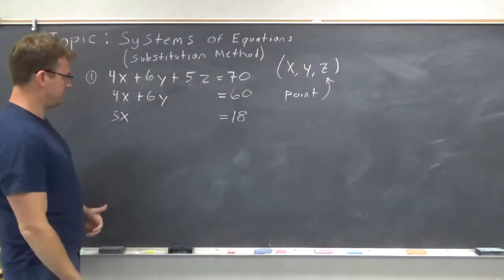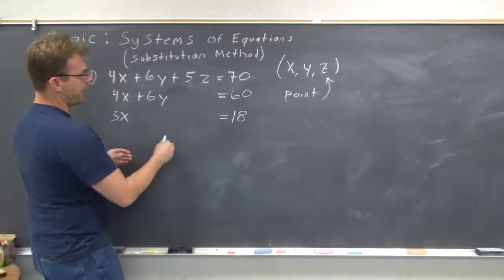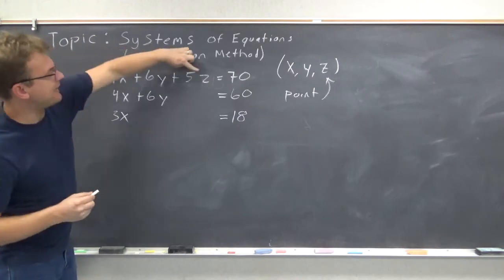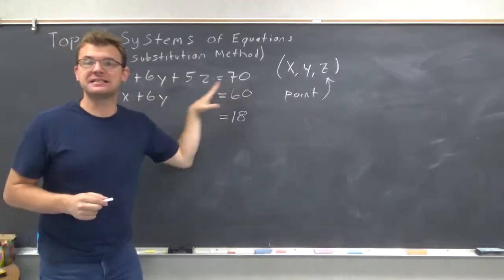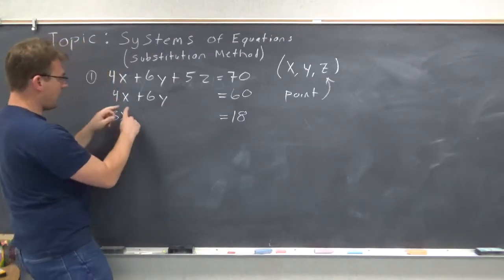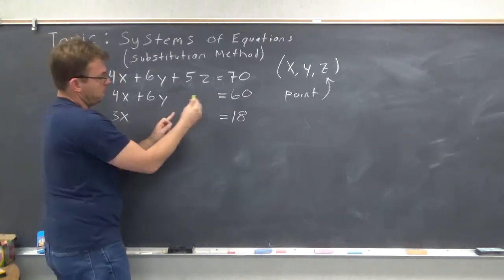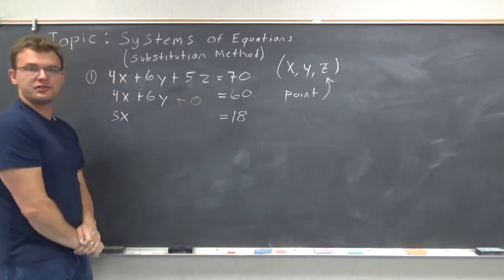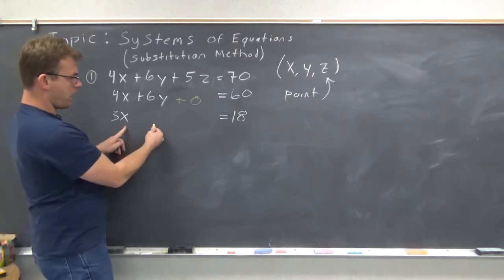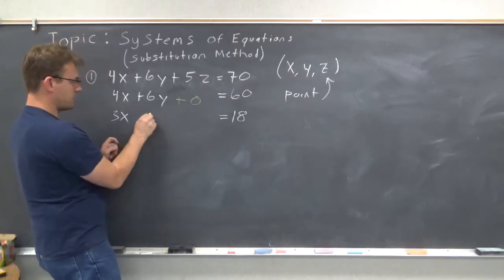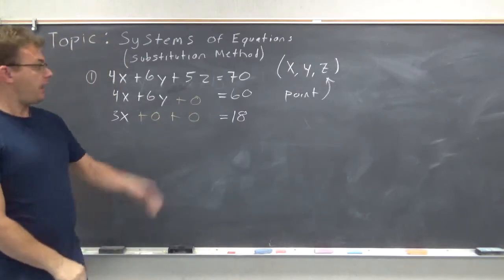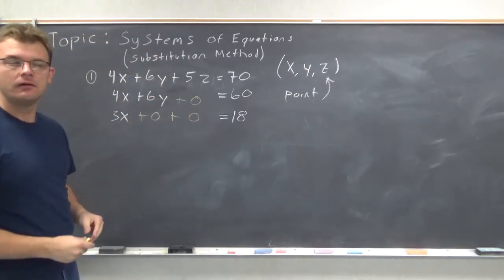So first thing is, I want you to look at, there's things missing in here. And I want you to see X, Y, and Z. I want you to see things are missing here. Well, if there's things missing, I have X and Y, but no Z. Can I just put a 0 in its place? Well, there's no Y, Z here. Can I just go ahead and go plus 0? And now they kind of line up.